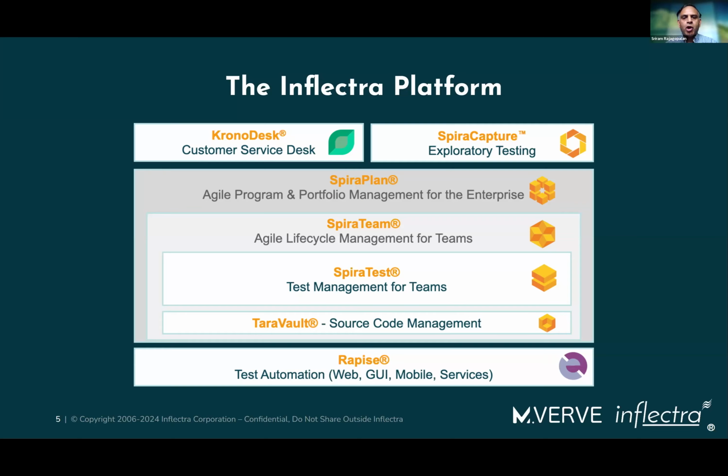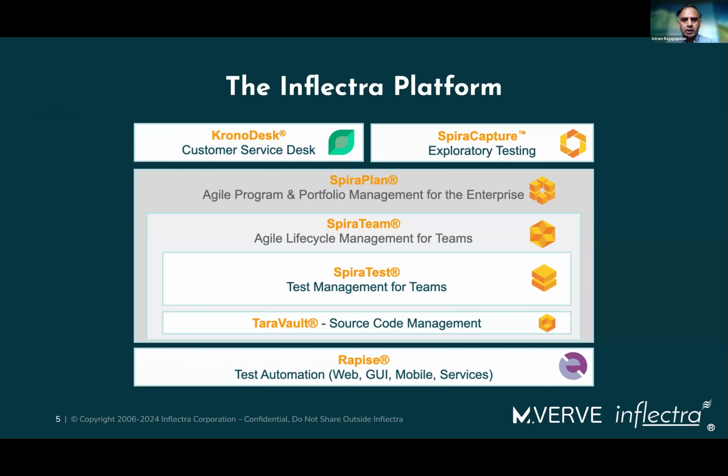The platform is comprised of Spira at its core, and it comes in three different editions. One is Spira Test, which is primarily focused on certain key artifacts managed for test management for teams. Then we expand Spira Test to Spira Team, with additional functions and features for agile lifecycle management for teams.